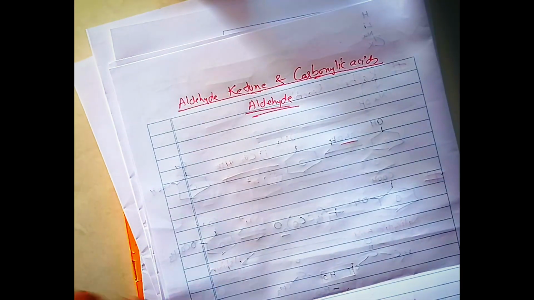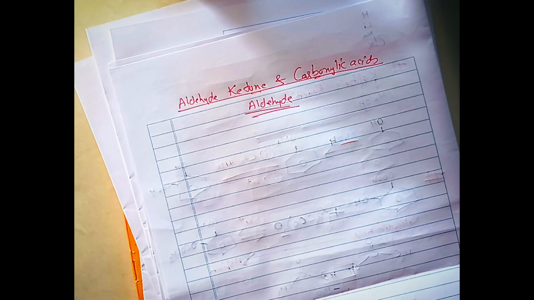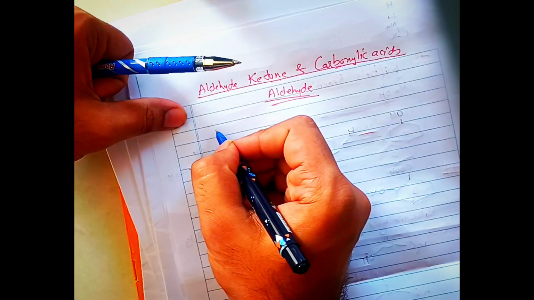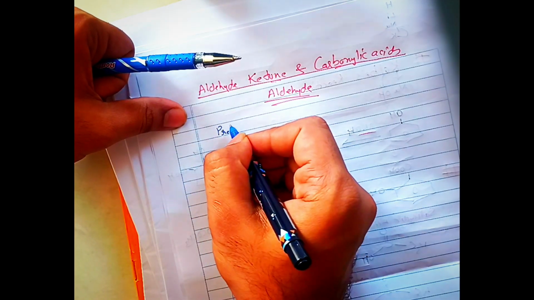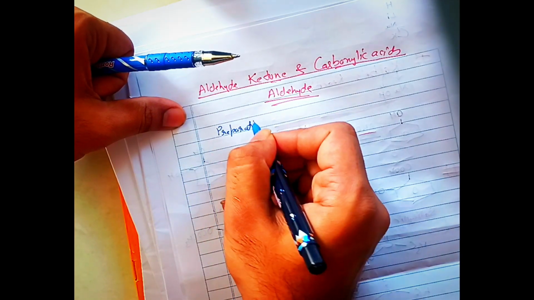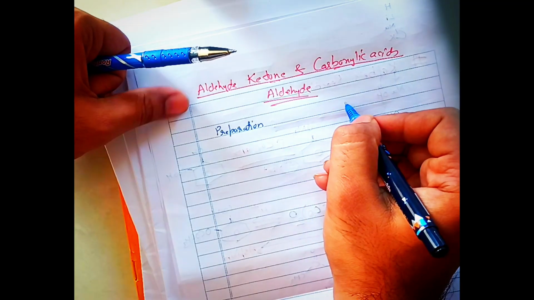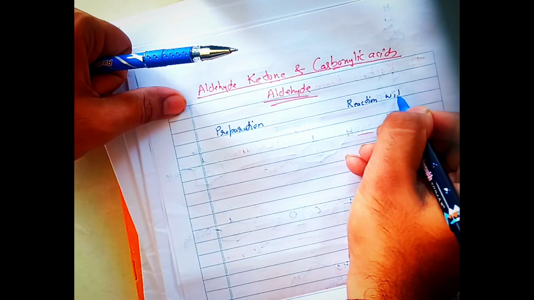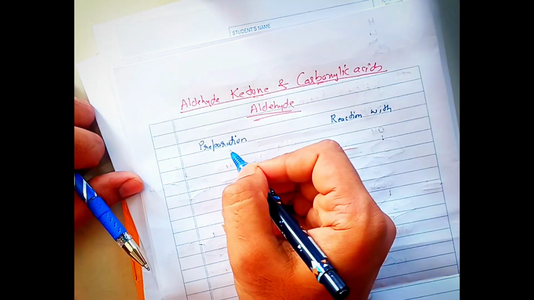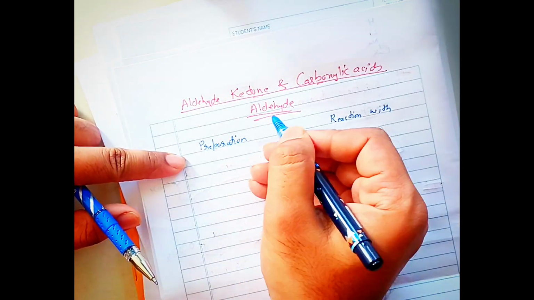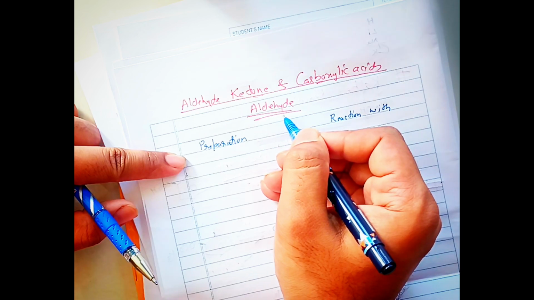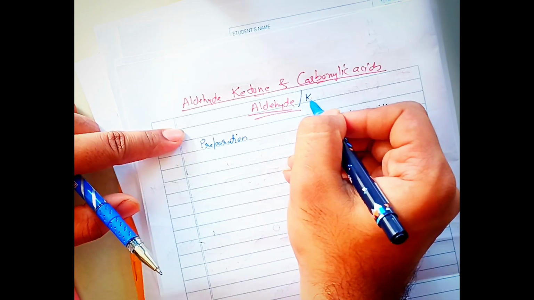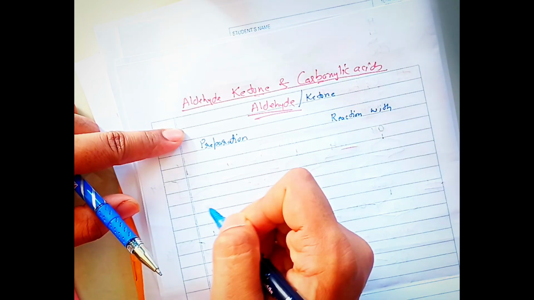Okay, first will be aldehyde. Here in aldehyde we can distinguish like this: first we can take the preparation and reaction. In the preparation of aldehyde, reaction with aldehyde, or we can take ketone also.